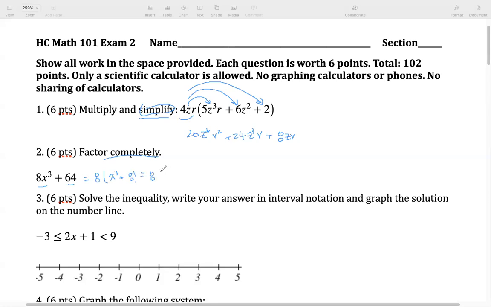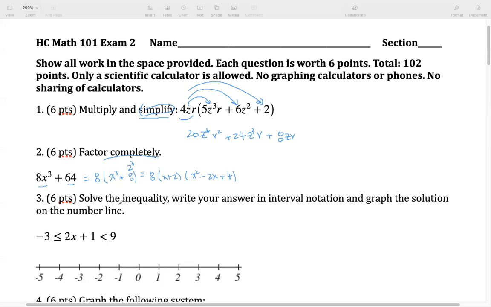Now x cubed plus 8 is a sum of 2 cubes because 8 is 2 raised by 3. So that becomes x plus 2 times first one squared, minus the product of those 2, x, then plus 2 squared, which is 4. So now it's complete, it's factored completely.